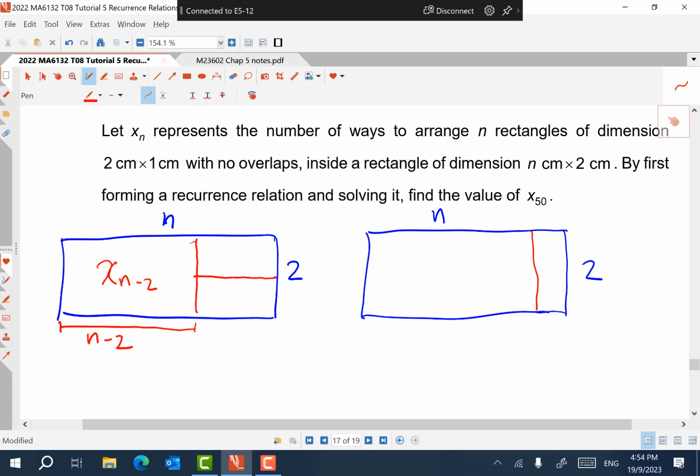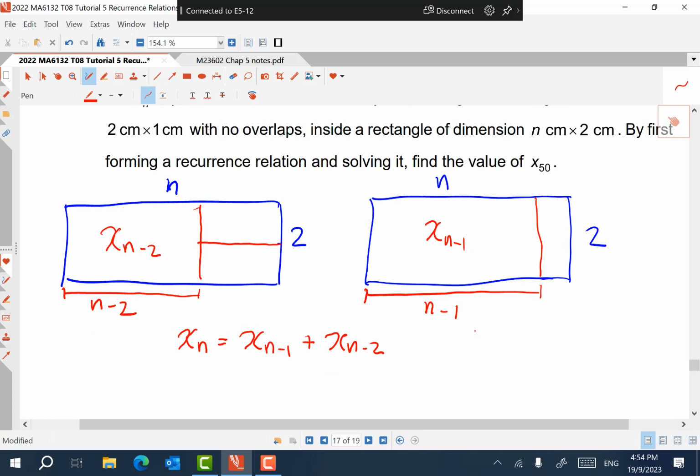On the other hand, if you end with one rectangle standing in the tall position, this is n minus 1, then this has u_(n-1) ways. Which means the number of ways when you have n rectangles is actually the sum of these two. Then the question is, if you only have one tile and therefore it's 1 by 2, how many ways can you arrange?